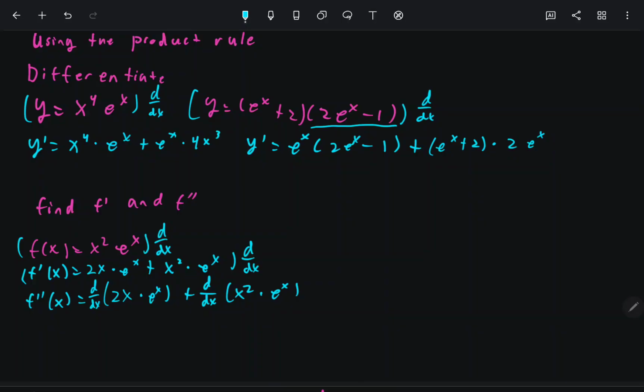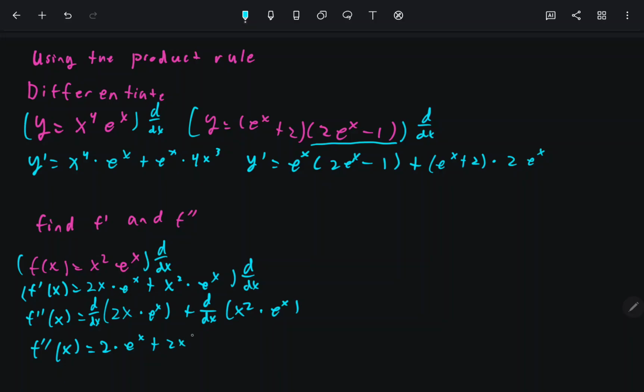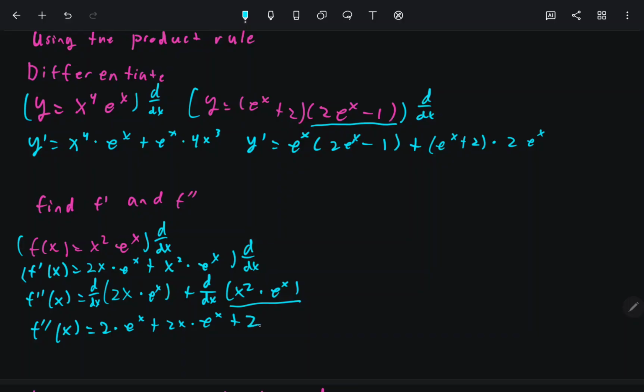So hold on tight. F double prime of x is equal to the derivative of the first, 2, times the second, e to the x, plus the first, 2x, times the derivative of the second, which is e to the x, plus now I have to take the derivative of this part of the function. The derivative of the first, 2x. And here's an interesting thing.